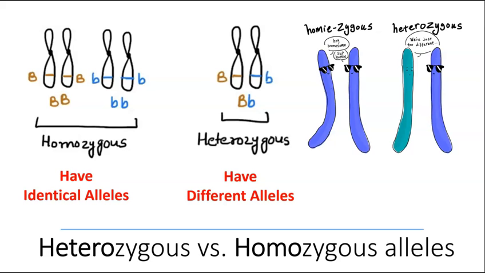Now, when we have heterozygous alleles, this means the genotype, or the genetic makeup, has different alleles for the gene being examined. So if we have a heterozygous situation, we'll have a big B and a little b. That is what is known as heterozygous.